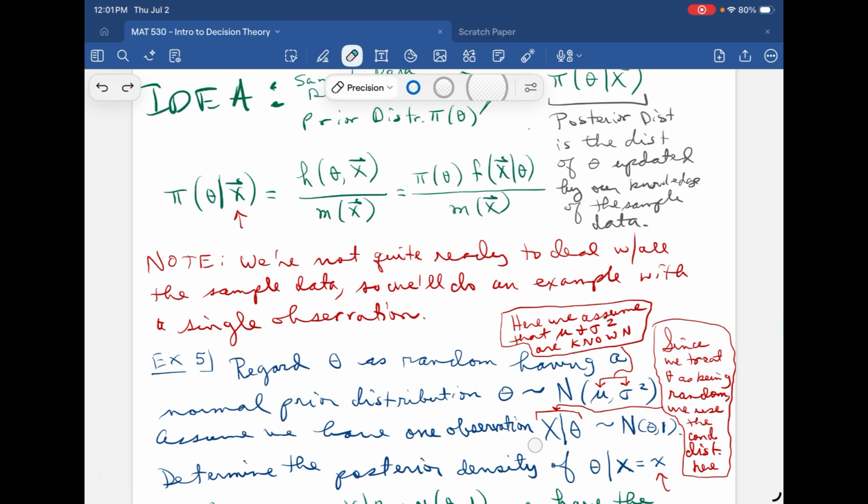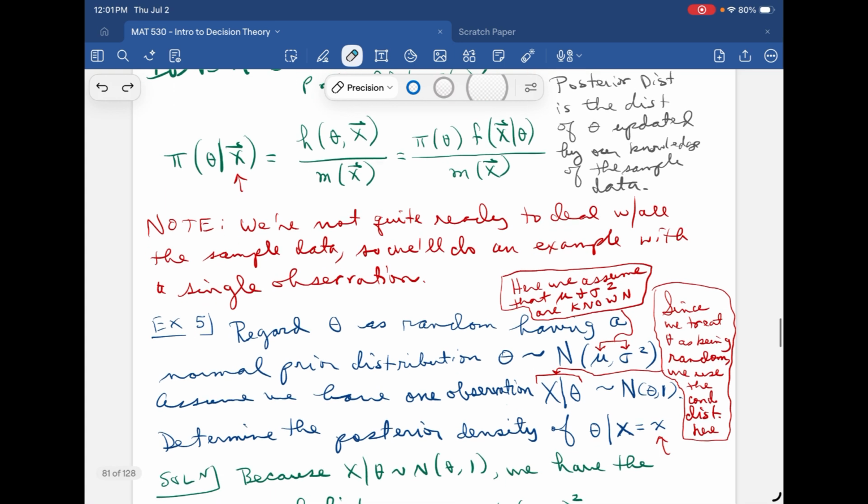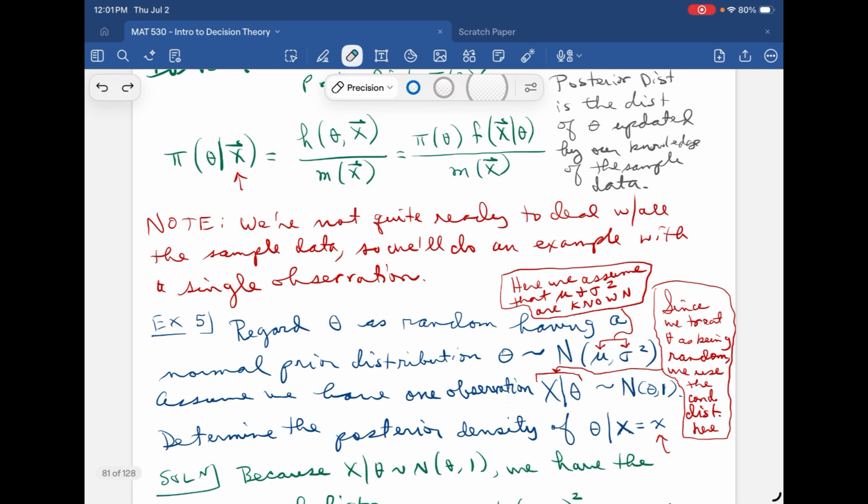And since we're treating theta now as random, this is x given theta, and that follows a normal distribution with mean theta and variance 1. And here theta is obviously our unknown. So we want to determine the posterior density of theta given x equal little x. And our little x, our one observation, that is also known.